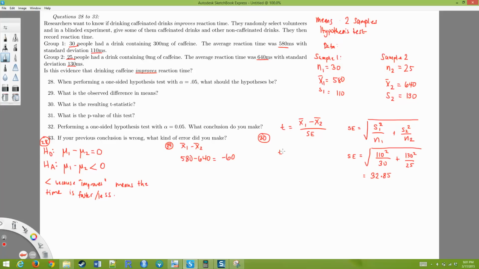So our T is going to be negative 60 divided by 32.85, and I get negative 1.826. That's my test statistic.